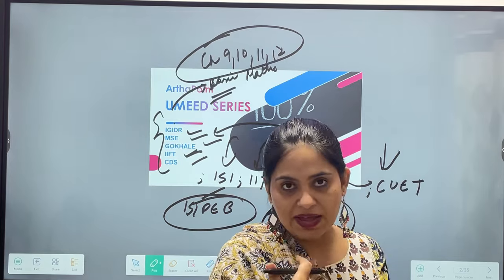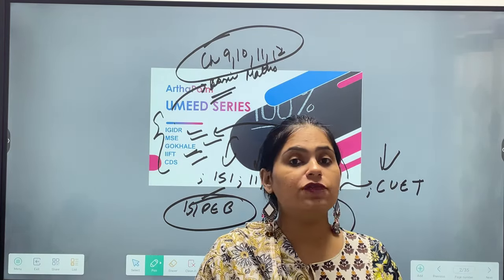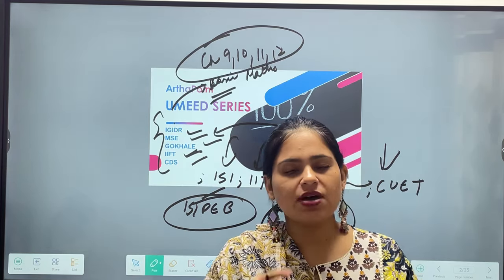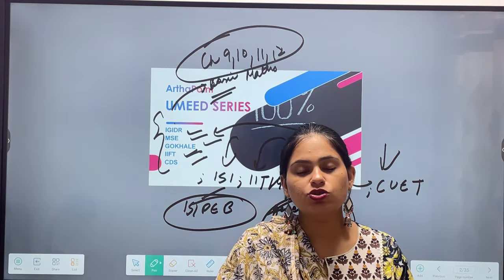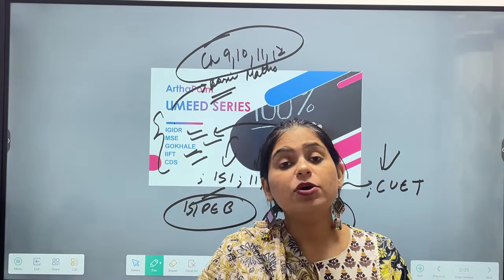Why? Because this is going to be very useful for your IGIDR basic maths part. So last year we did some series where we did questions on concurrent triangles, circles, line segments, because all of that does come in an IGIDR paper.